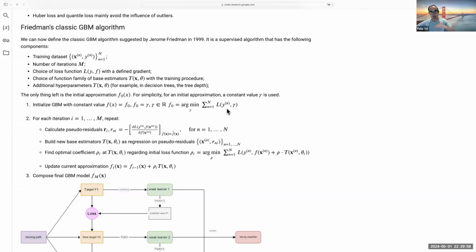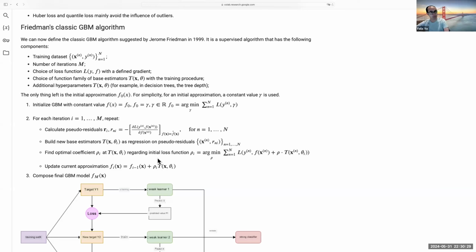A natural way is to use a straight line or the mean to approximate everything. This is the most crude version. Basically, we're trying to find the gamma that minimizes the square loss, which is equivalent to just taking the mean of the y values right here.